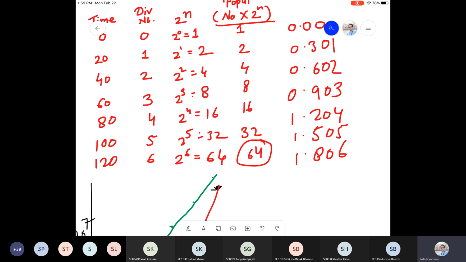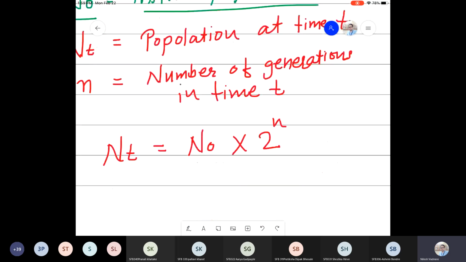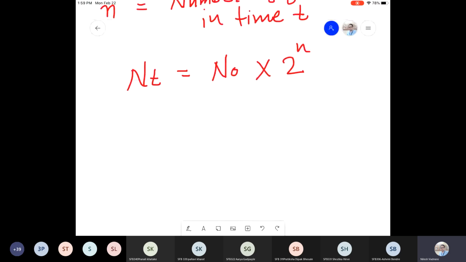So we have a formula for the total population. Total population is equal to N0 into 2 raised to n, where Nt is total population, N0 is the initial number of bacteria or cells which were inoculated in the broth, and this n is the total number of generations. Okay.